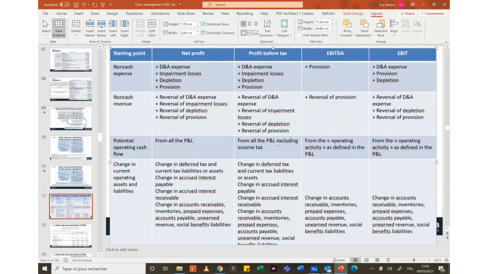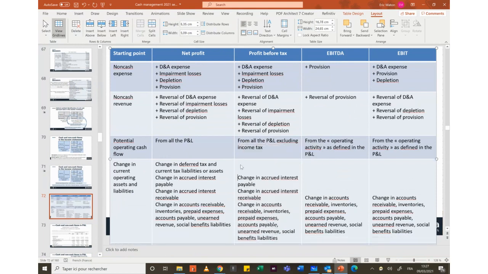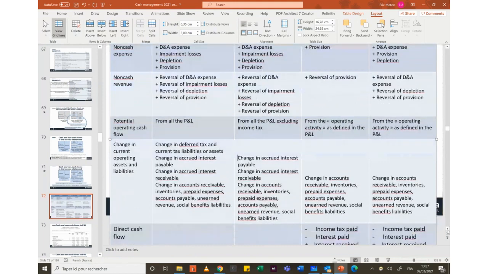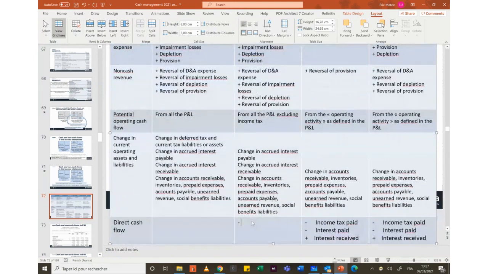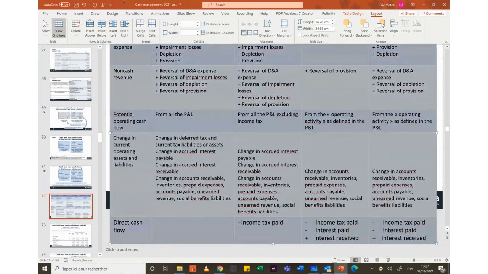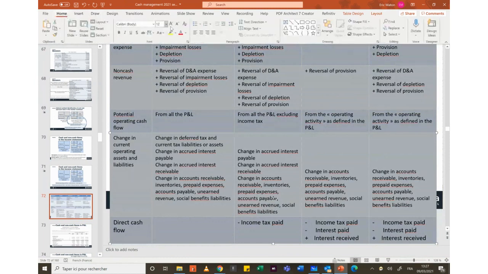I don't need the deferred tax and this one. And in the last part, I need to include minus the income tax paid. So I need to use a lot of all this. Okay.